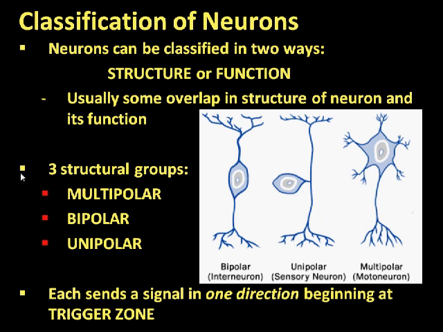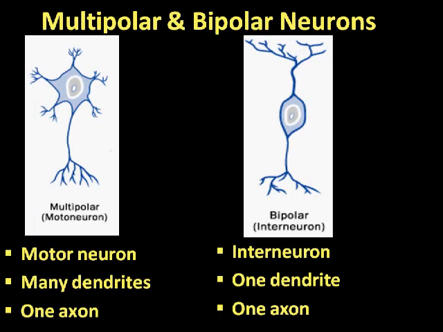So we'll be taking a look at how these guys work a little more closely. The first two, multipolar and bipolar, are just things to recognize. In general, these are typically motor neurons. So obviously motor is movement, so typically talking about skeletal muscle. The multipolar has many dendrites, you can see here, branching off the cell body, and one axon coming down to the synaptic terminals.